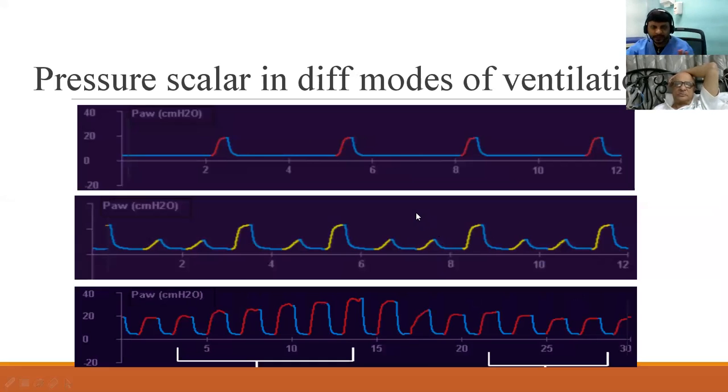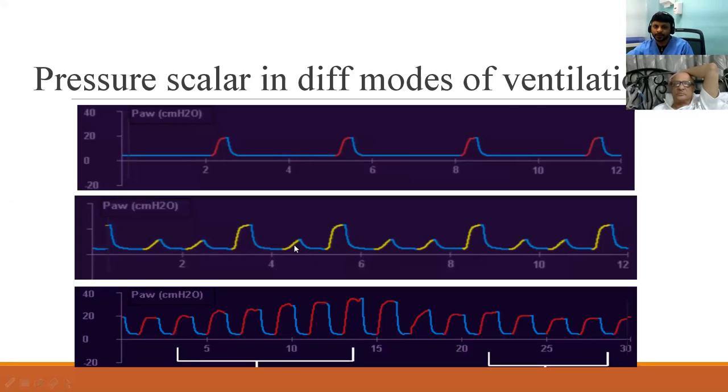Okay, like I said, this also tells us what are the different types of modes of ventilation that we're using. This topmost ventilatory trace that you are seeing is probably an assist control or an IMV mode of ventilation, where every pressure is pulled up to a particular monomorphic kind of wave. The second wave is SIMV, where some breaths are supported and all the breaths below the rate that you have set are not supported.